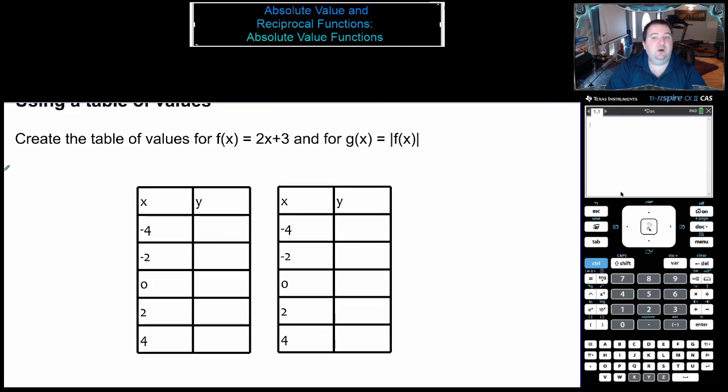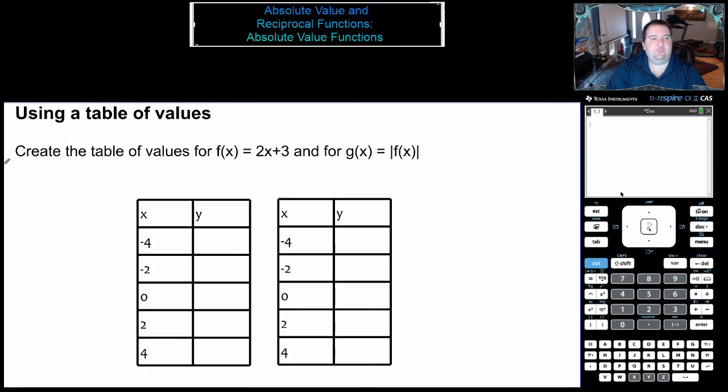So let's look at this for a table of values. In this case, we have f of x equals 2x plus 3. So f of x is our original function. Let's make a table of values for this. When x is -4, I'm just going to type this in the calculator so everybody can see. We have 2 times -4, and then we add 3 to that, and that's going to be -5. So y is going to be -5.